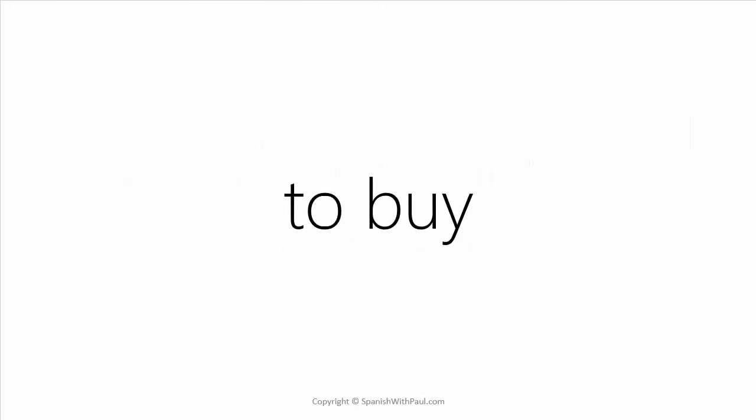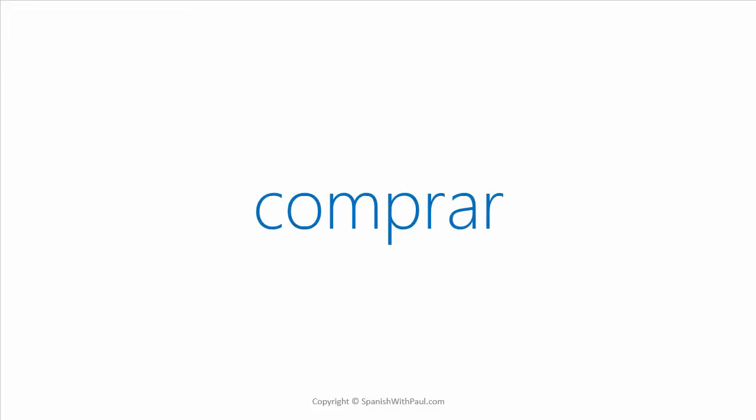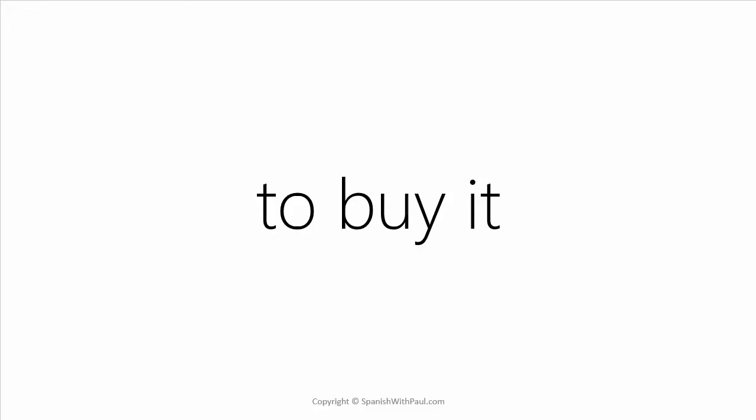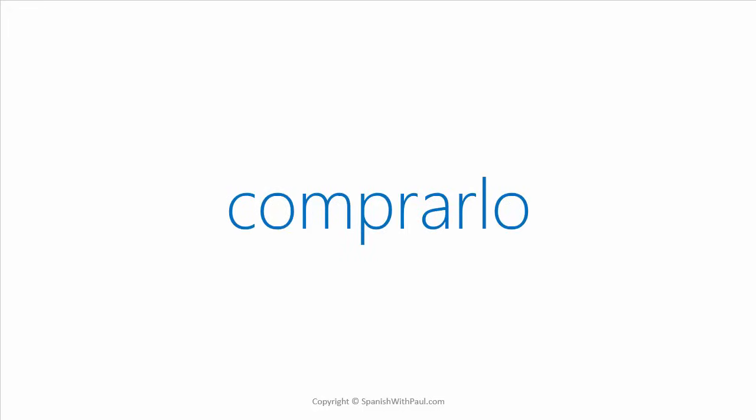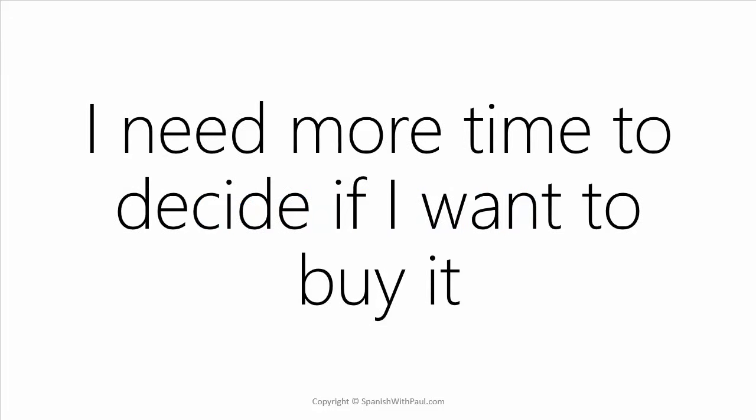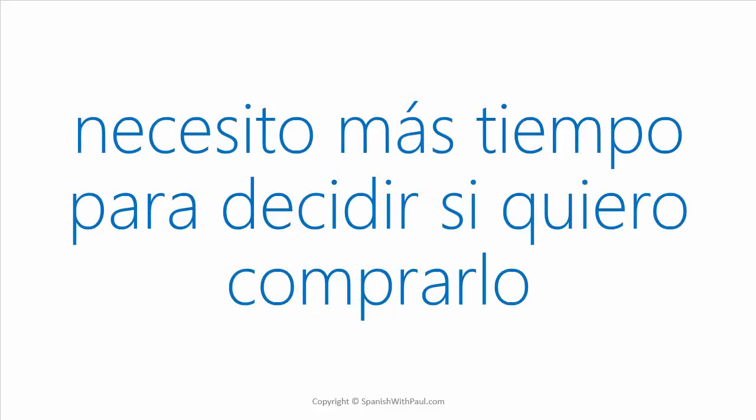What's the verb to buy? Comprar. And how would you say to buy it? Comprarlo. Now, how would you say, I need more time to decide if I want to buy it? Necesito más tiempo para decidir si quiero comprarlo.